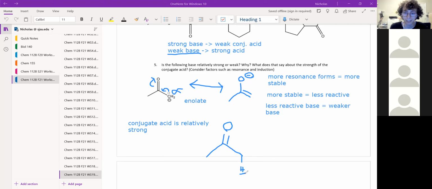This was an acidic proton that we took away to form that base. And that's a relatively acidic proton because of all of that stuff we just talked about with the base making it weak.